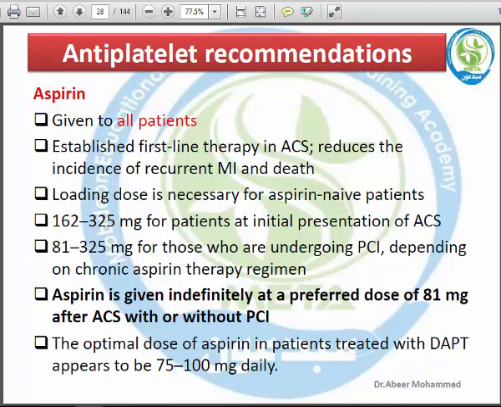So in any case where you find a regimen for a patient with acute coronary syndrome or chronic coronary syndrome disease, the regimen should include aspirin indefinitely. The optimal dose of aspirin in patients treated with DAPT, dual antiplatelet therapy, meaning aspirin plus P2Y12 inhibitors, is from 75 up to 100 milligrams daily.